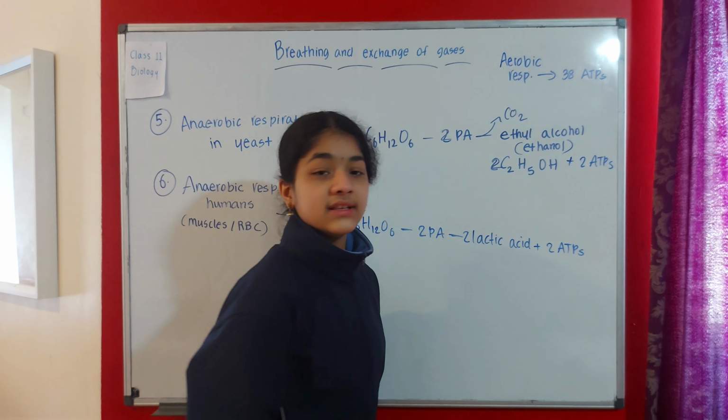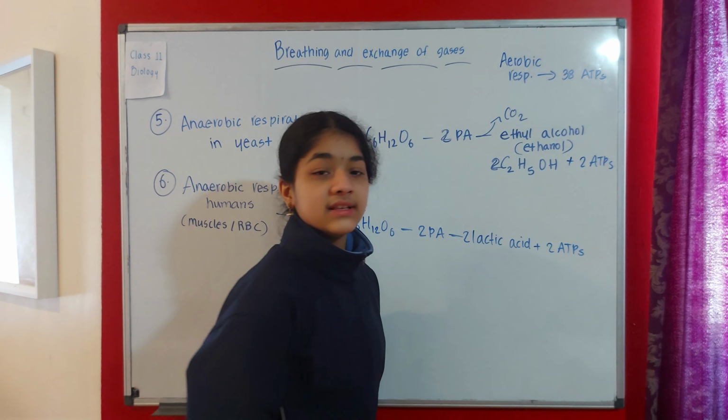So in yeast, anaerobic respiration releases 2 ATPs. In anaerobic respiration in humans, here also 2 ATPs are released. That means 2 ATPs are used up in this anaerobic respiration, be it in yeast or in humans.